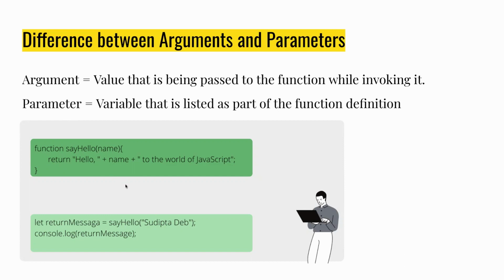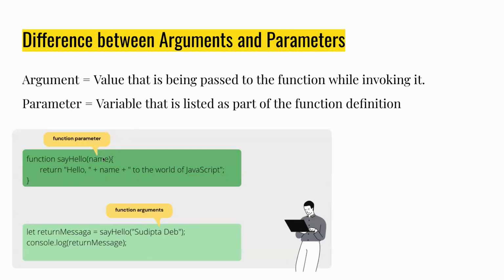Now, if I go by the definitions which I put here, name will become the parameter because this is the variable which is listed as part of the function definition. And Shane James is the argument which I'm passing to this function while invoking the function. So that's the basic difference between argument and parameter.